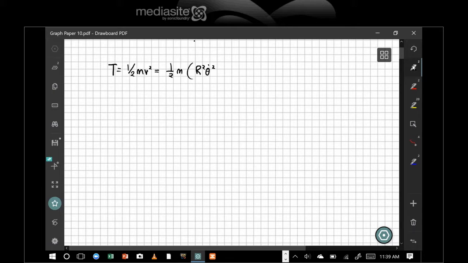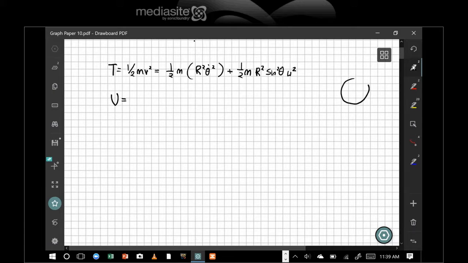And then let's just multiply 1/2 mv squared out by all that. So we're going to get that term there plus 1/2 m times the other part, which is r squared sine squared theta omega squared. So that is my kinetic energy.